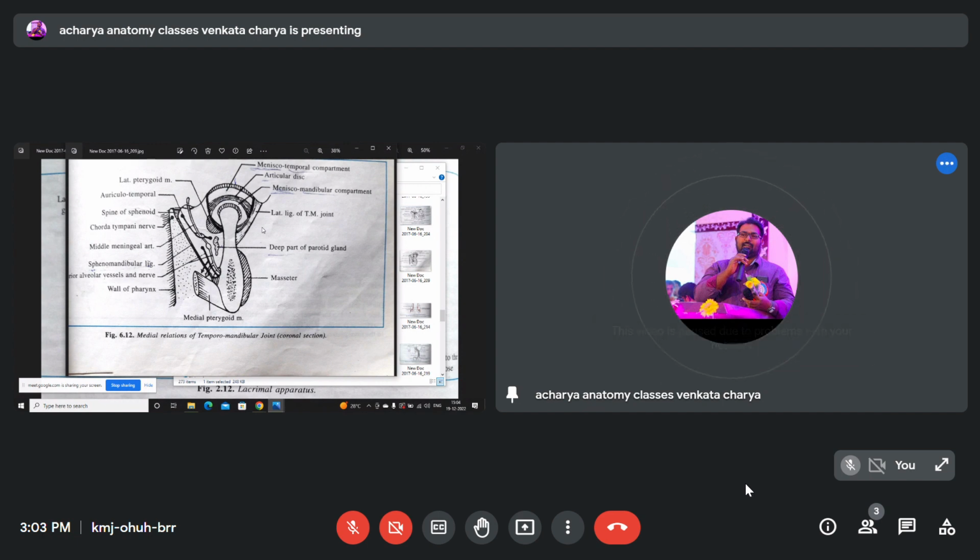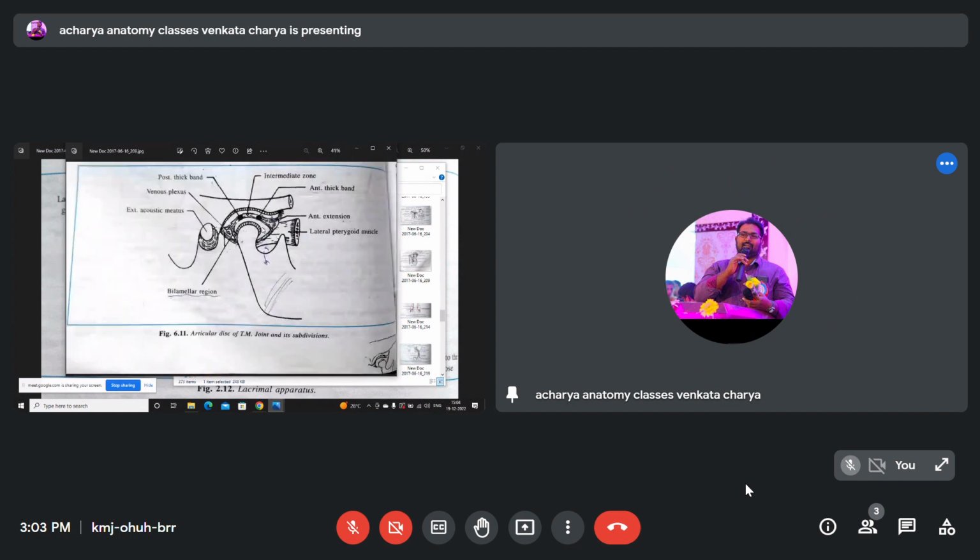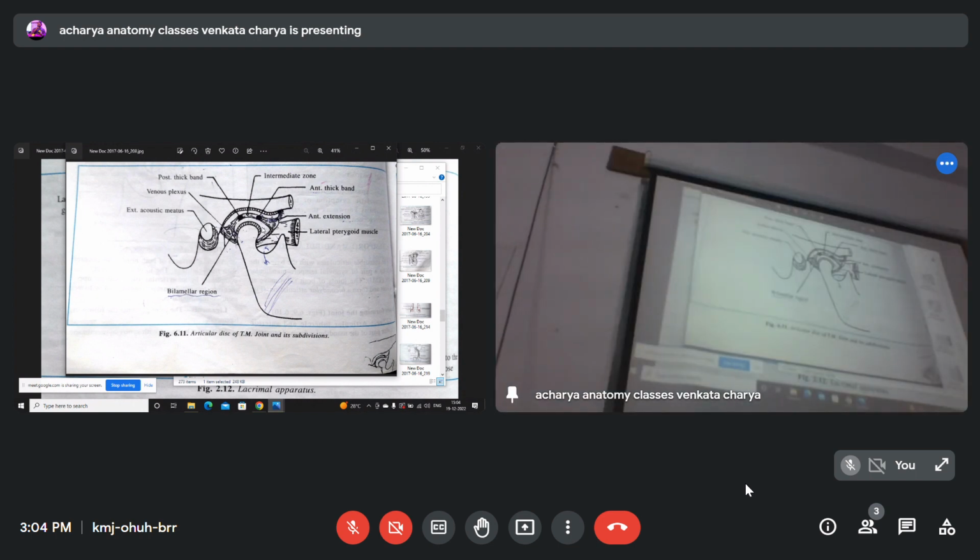Next, movements of the joint. Retraction and protraction.